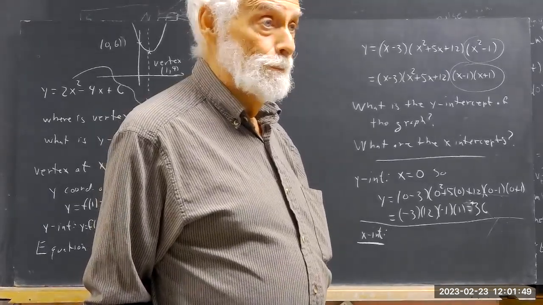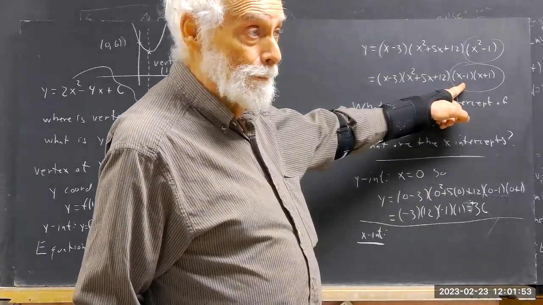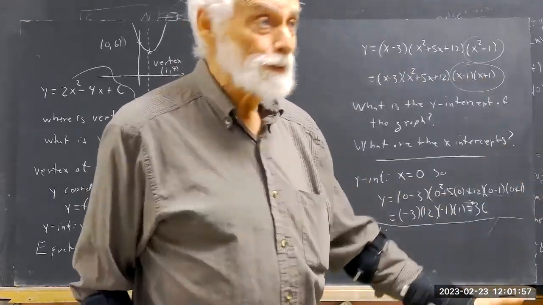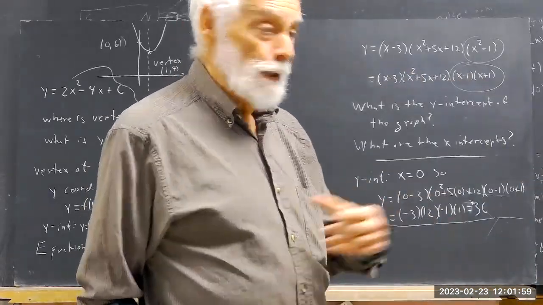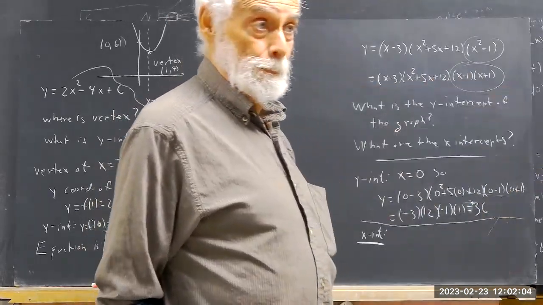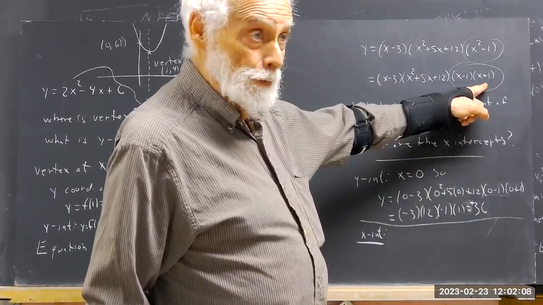No takers? Well, if x is 1, that's going to be 0, isn't it? And if you've got one 0 in a product of numbers, the whole product is 0. You multiply anything by 0, you're going to get 0. And these are all multiplied together. And if x is -1, that one's going to be 0.